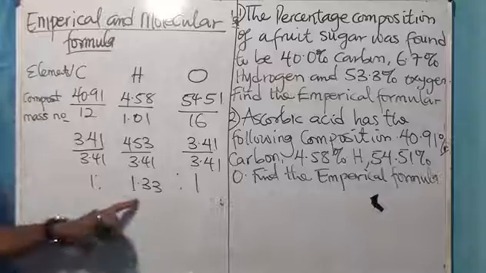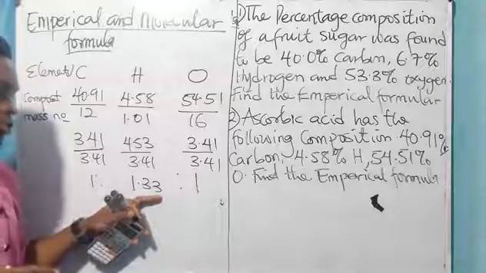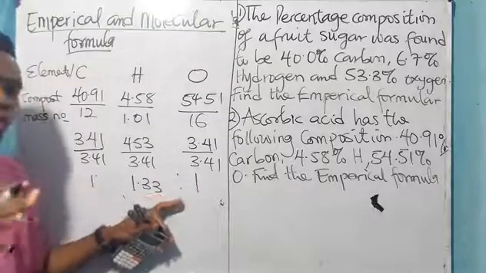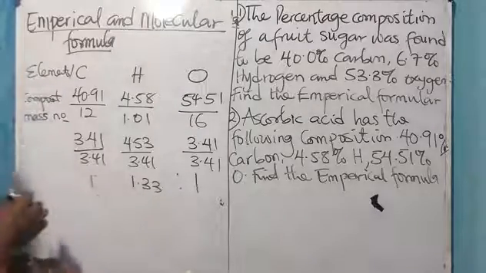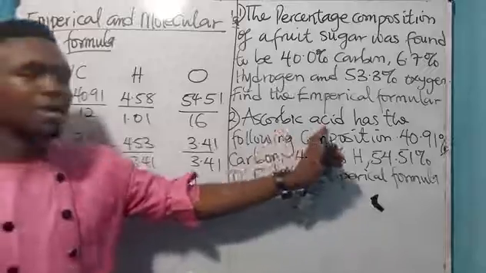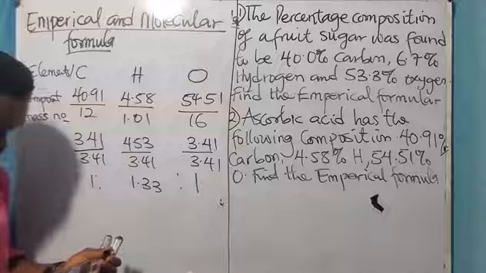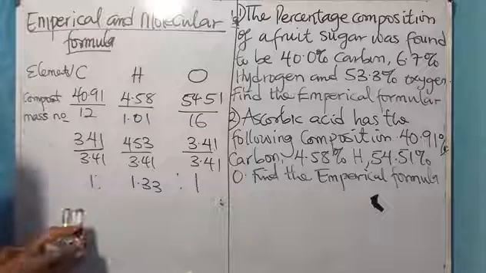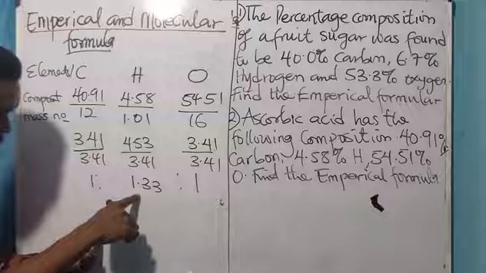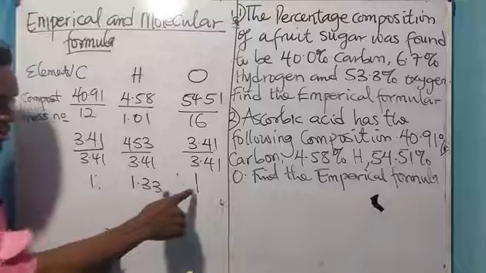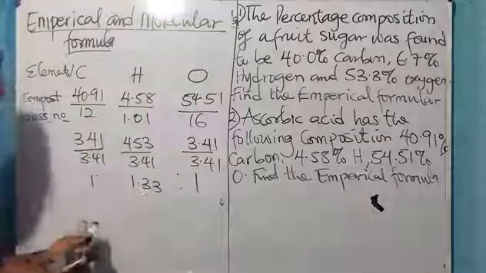Now, this one is a decimal. For you to make it a whole number, you divide both sides by 3. If we should multiply through by 2, we are going to be having 2.66. So we have to make it a whole number without this point. So the next number is 3.